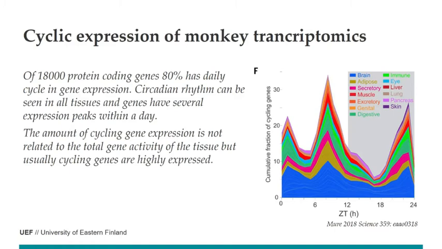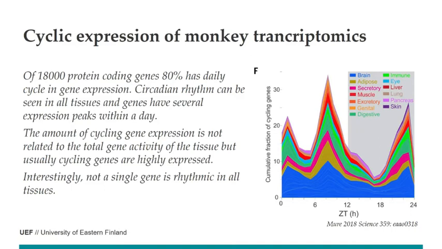Or there can be cells where only a limited number of genes are active, but all of them have this kind of daily rhythm. And usually these cyclic genes are highly expressed. And interestingly, there is not a single gene that has this rhythm in all tissues.